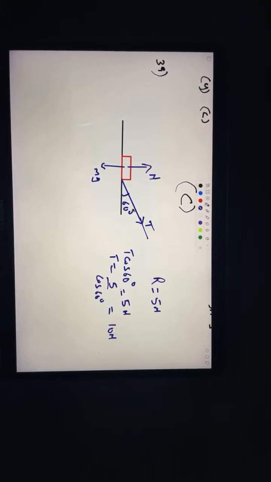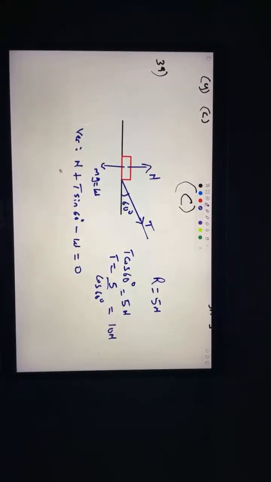They did not give us enough information along the horizontal, but let's resolve in the vertical direction. N is moving upward, plus the tension is also moving upward, which is T sine 60 degrees, minus the weight, which is acting downward, equals 0. Why is it equal to 0? There is no motion in this vertical direction. The body is not moving up and the body is not being pressed down.